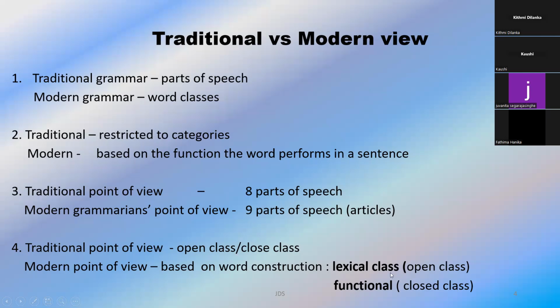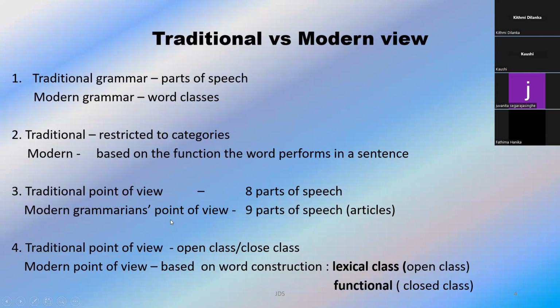These words that basically came under open class in the traditional point of view were named as lexical class. Lexical means vocabulary, something to do with vocabs. Functional means something to do with grammar. So the modern grammarians are classifying all these 9 parts under the term lexical class and functional class.